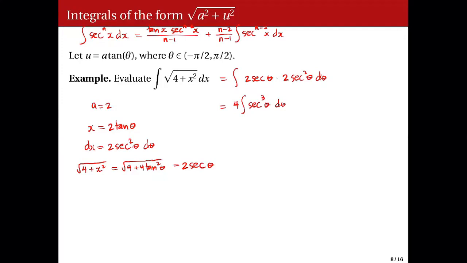So we use this. We will have 4. Then we integrate secant cube theta d theta. We'll have tangent theta secant theta over 2 plus 1 half integral of secant theta d theta.